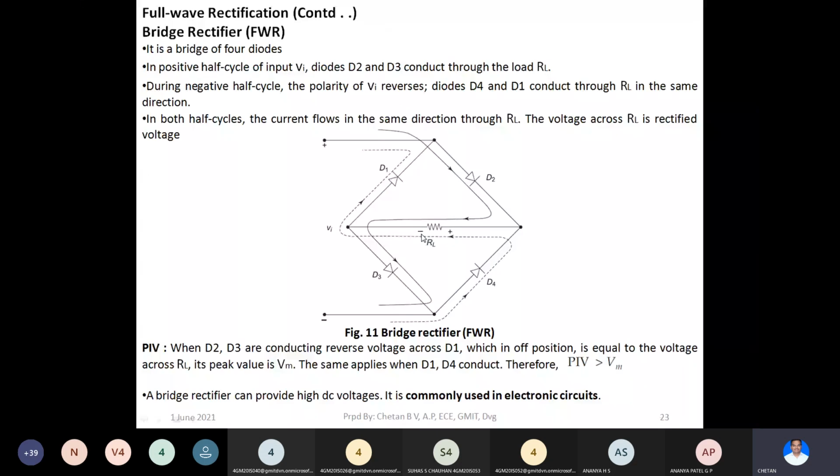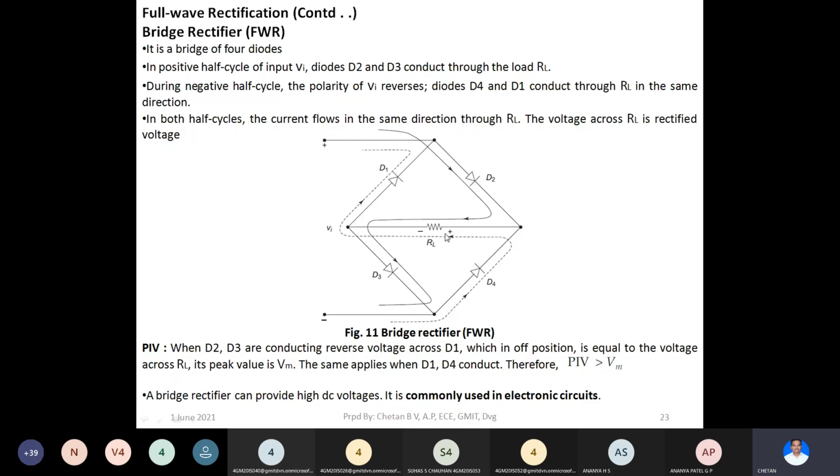Along with that, if you want to find out the peak inverse voltage, during the positive half cycle you know that D2 and D3 are conducting. Suppose you try to find out the maximum reverse voltage across D1. D1 will be reverse biased, therefore it will be open circuit during the positive half cycle. So if you want to find out the voltage across this, you will get a voltage which is across this RL. Across RL, you will find the voltage as Vm.